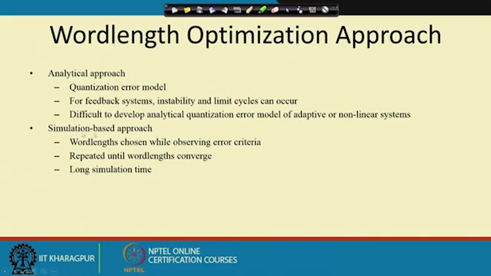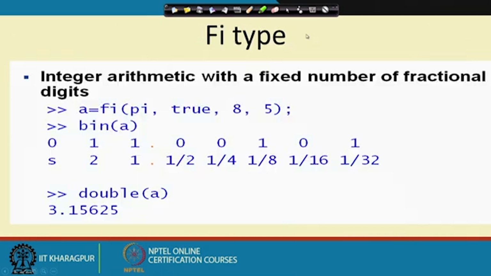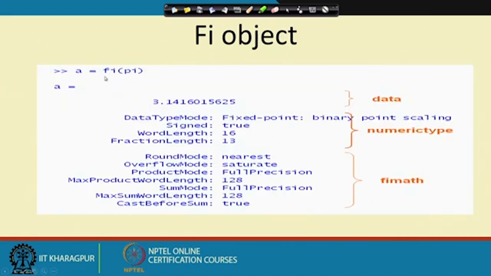In the simulation based approach, the word length is chosen while observing the error criteria, repeated until the word length converges, with a long simulation time. So there are two approaches for finding the optimum word length. In MATLAB, Fi indicates the fixed point toolbox. So if you write this command in MATLAB.